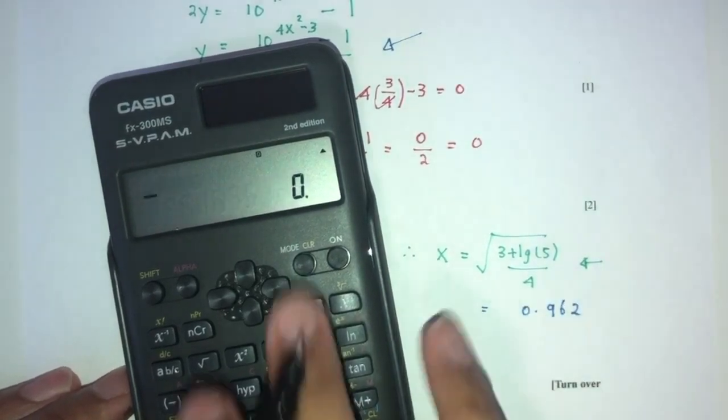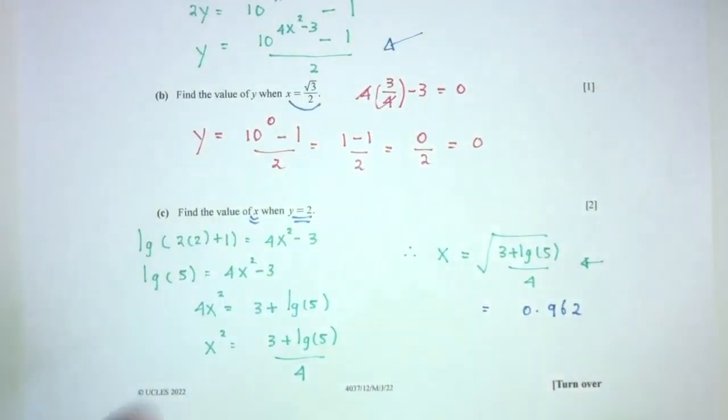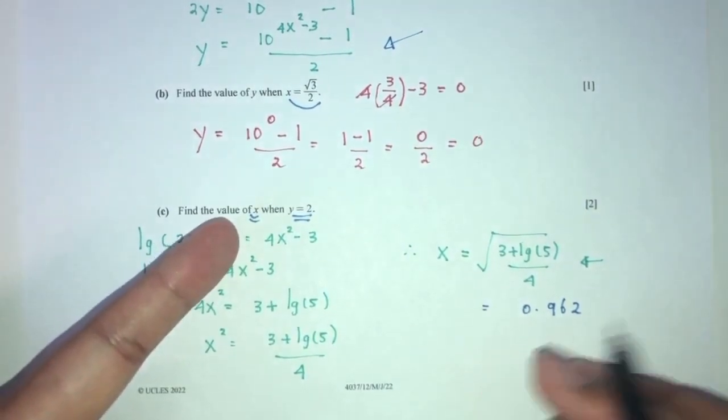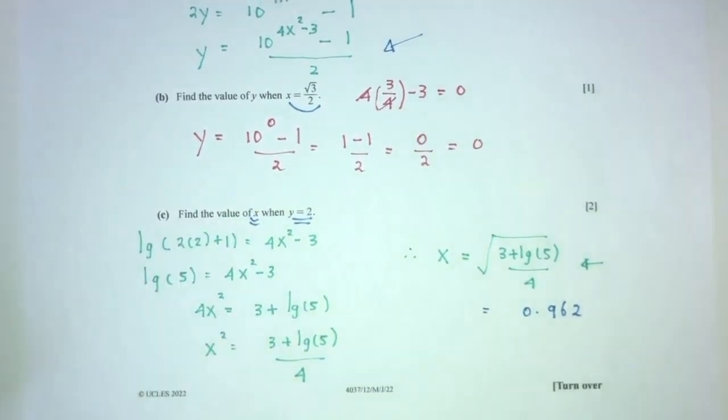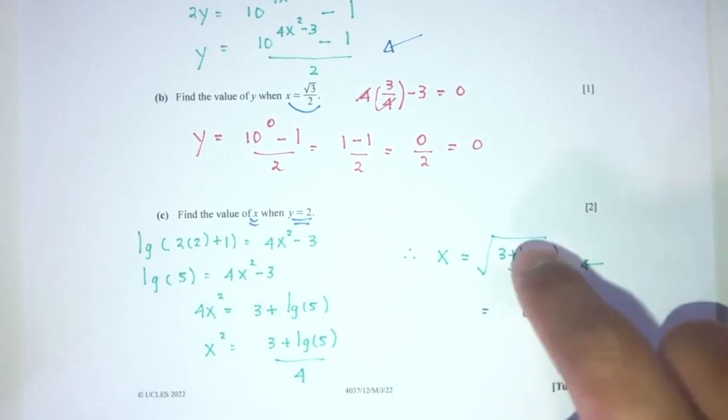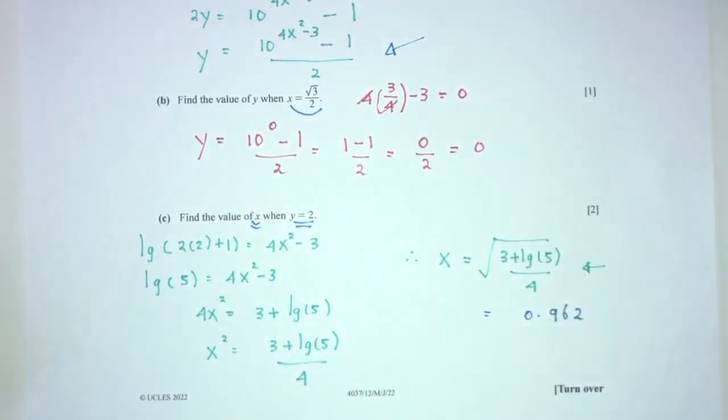Correct to 3SF. Now again, it only asks you for one of the values. So usually, you know, when you apply square root, you have plus or minus. But in this case, it only asks you for one of the values. So you can just keep this as your answer. 0.962 should be fine. Or this one as well should be the exact value of x. And that should be your question number 3.